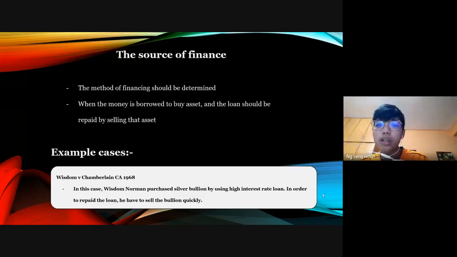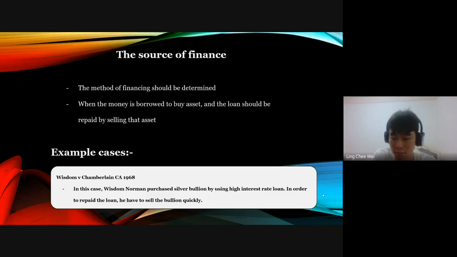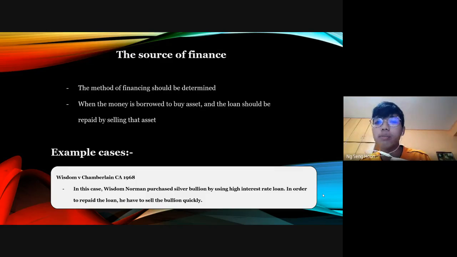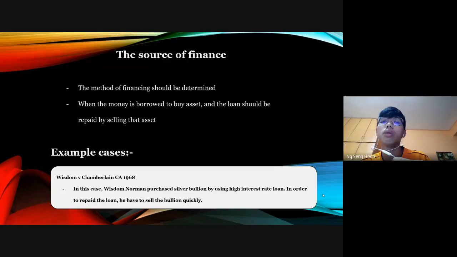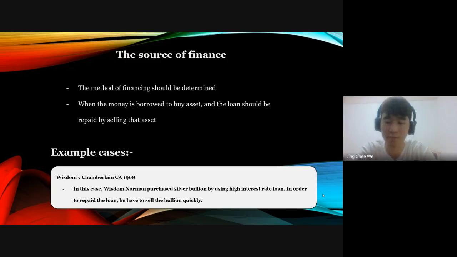In this case, Wisdom Norman purchased silver bullion by using a high interest rate loan. In order to repay the loan, he had to sell the bullion quickly. Which means because of the high interest rate, he could not service the interest payment from his cash flow.